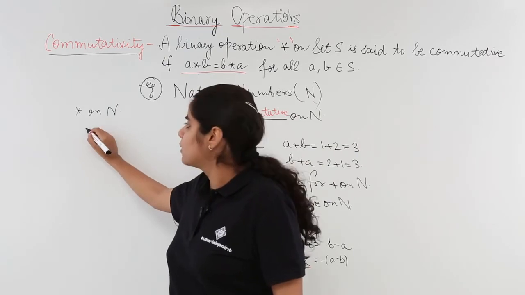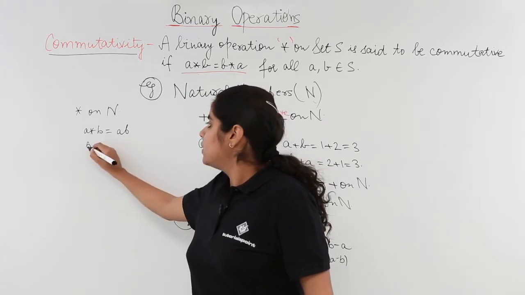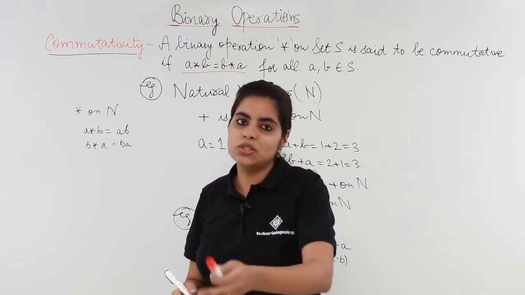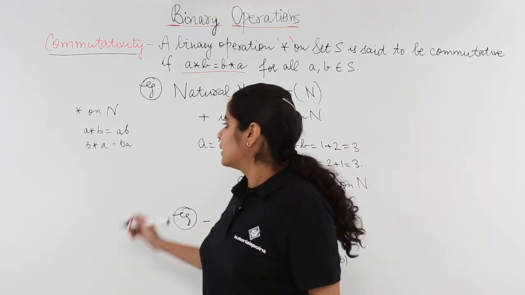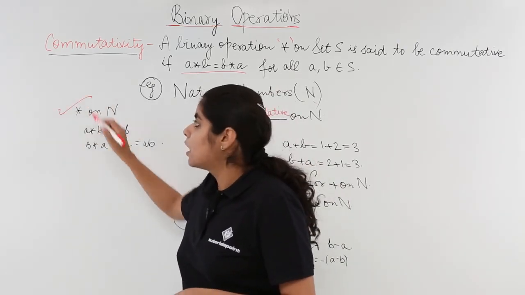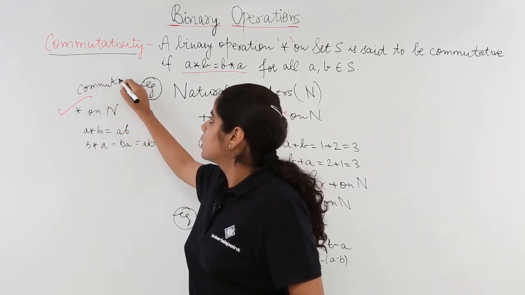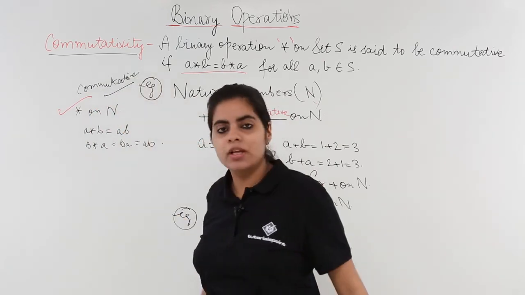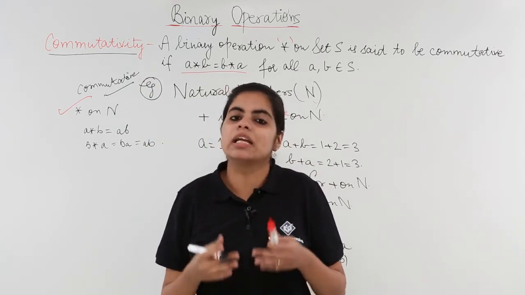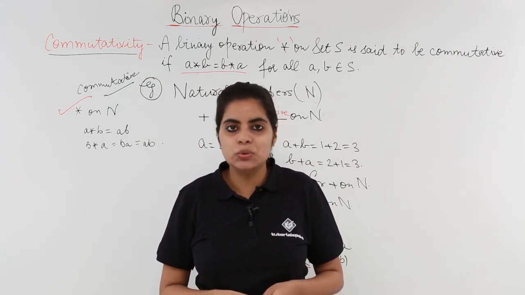It is easy to explain: a star b would be ab and b star a would be ba, and 2 multiplied by 3 is 6, 3 multiplied by 2 is also 6. That means ba is equal to ab. So the multiplication operation on natural numbers is always commutative. Commutativity can be explained easily by considering different domains and different examples. In the next video, we'll be seeing some more insights into binary operations.